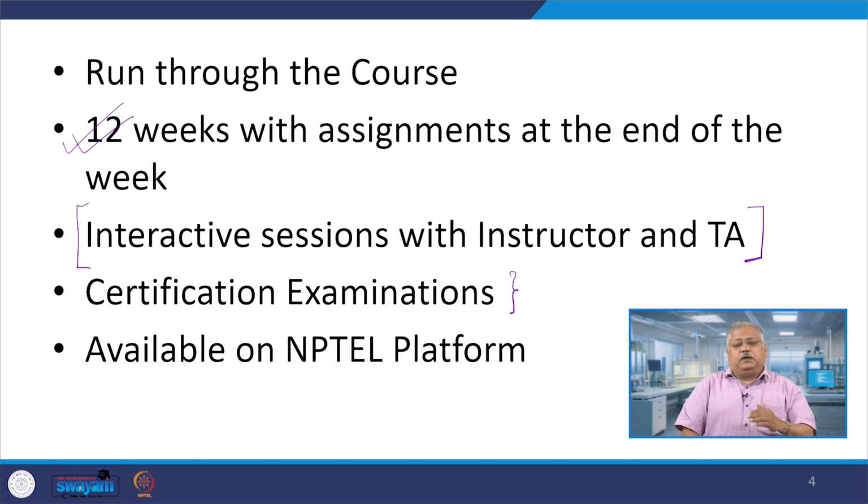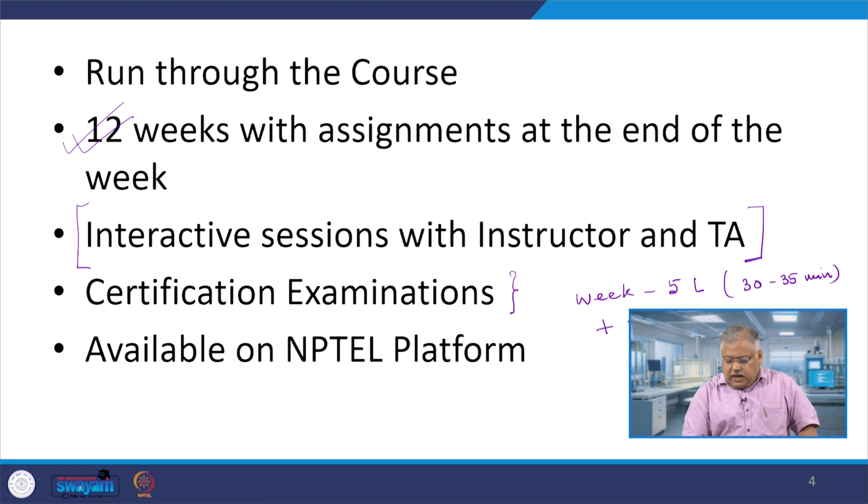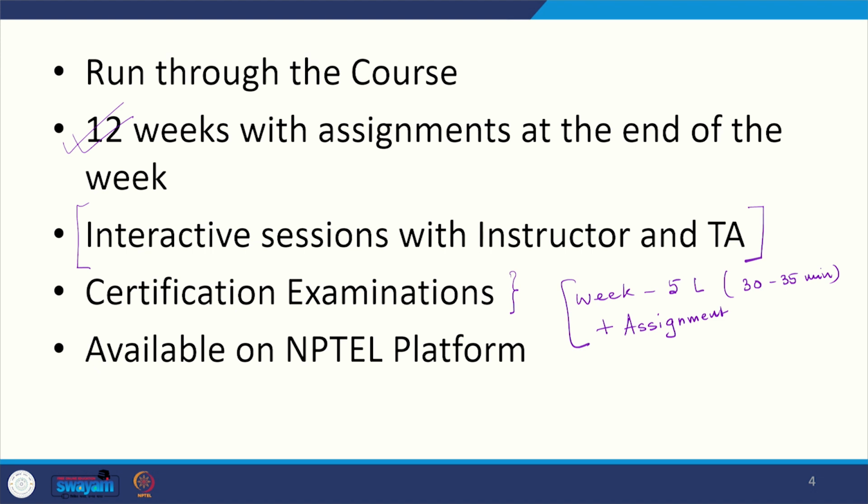Each week will have approximately 5 lectures of 30 to 35 minutes each, followed by one assignment. This assignment will not be a very straightforward question, but will require your proper understanding of the lecture.